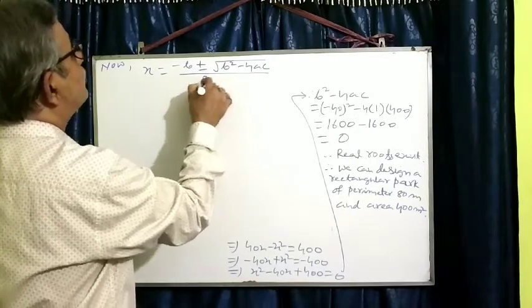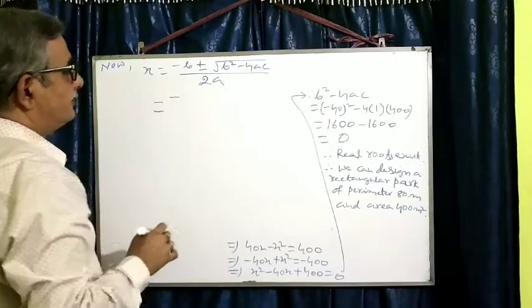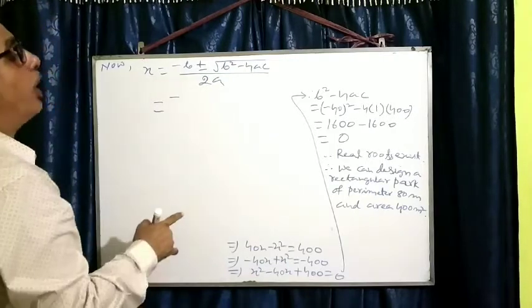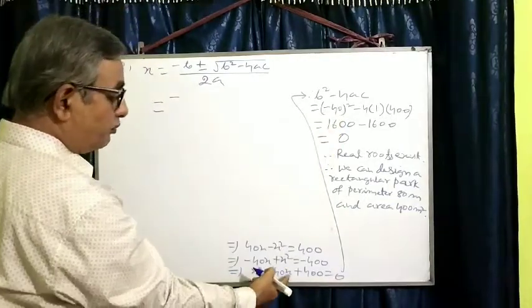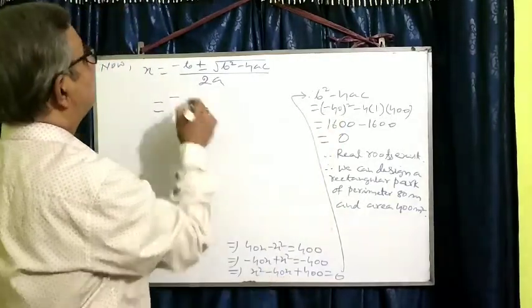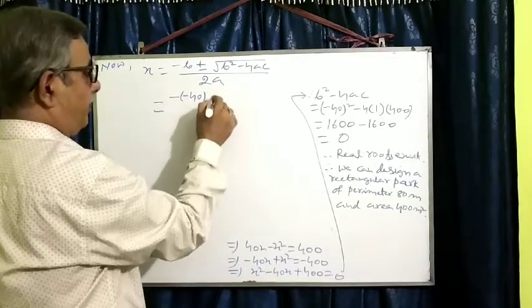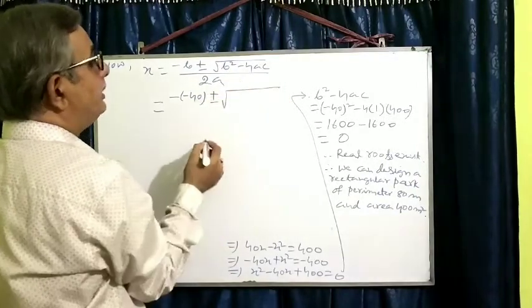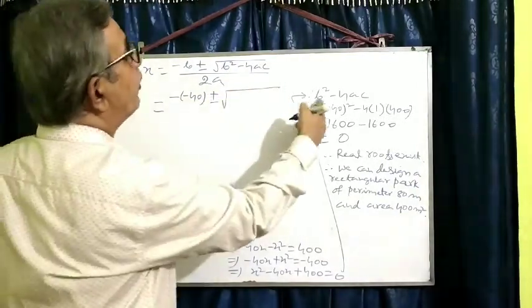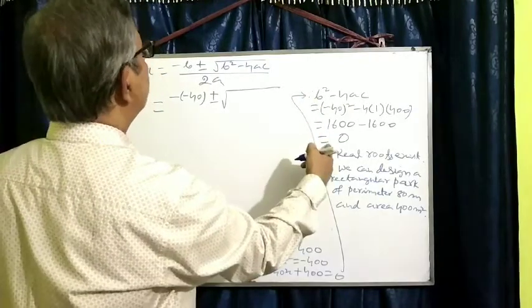By twice a. So you see minus b, and b is equal to minus 40. B means coefficient of x. So there is minus of minus 40 plus minus root under b square minus 4ac. Already you got 0, so no need of calculation.